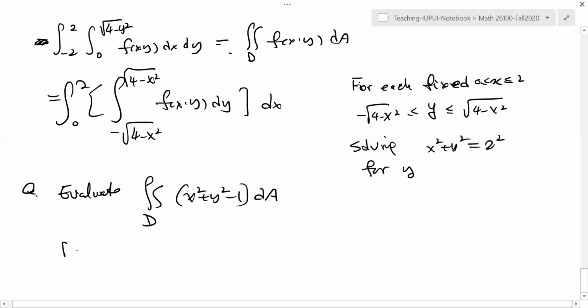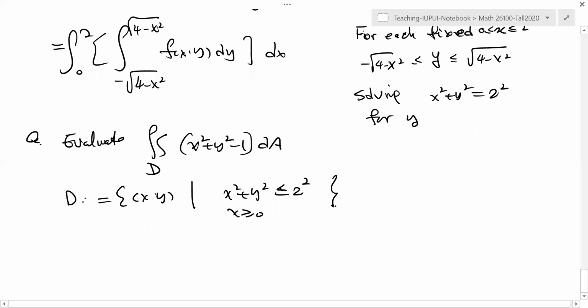And what is D? D is the same region I mentioned above, where x is greater than 0. So we're going to evaluate this. Now you can use one of the iterative integrals to evaluate. But you also have another option, because the region is a semicircle, so it's a very good region for polar coordinates.